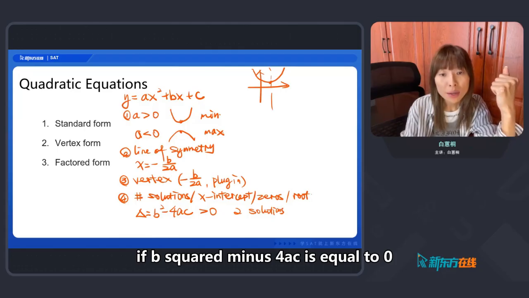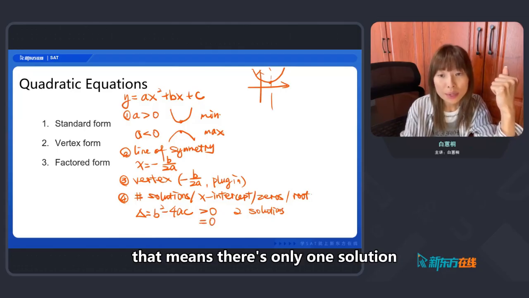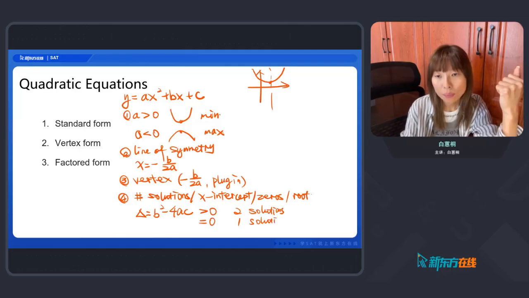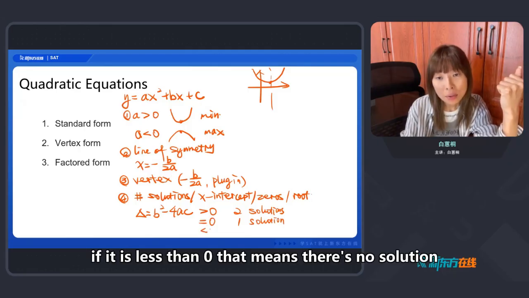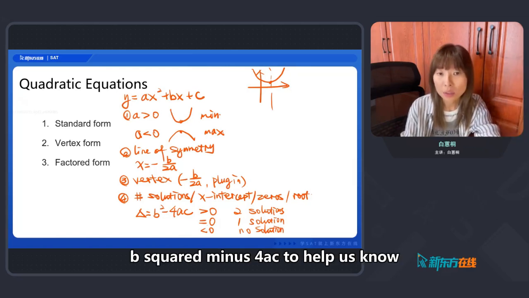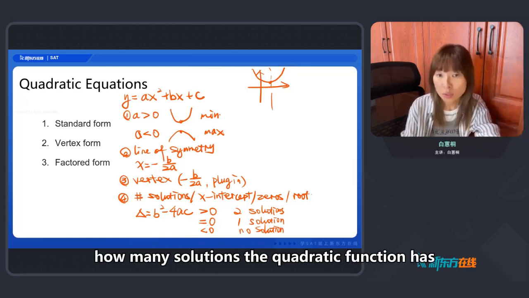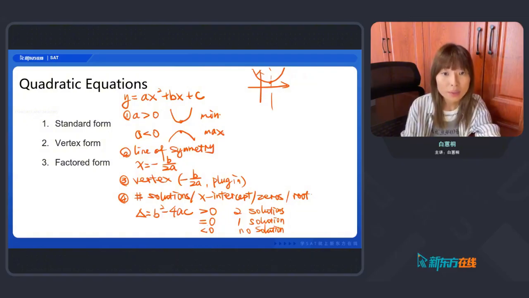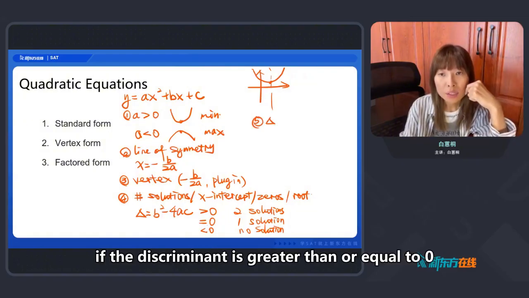If b squared minus 4ac is equal to 0, there is only one solution. If it is less than 0, there is no solution. So we often use the discriminant to help us know how many solutions the quadratic function has.